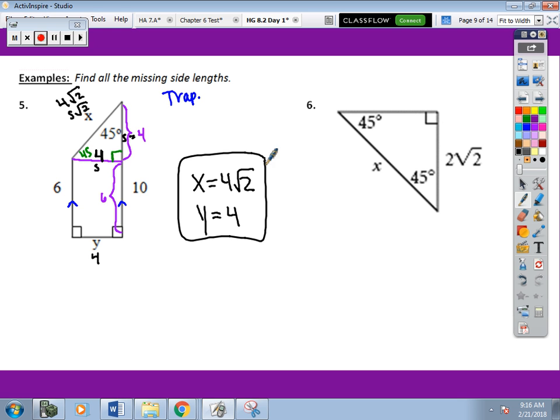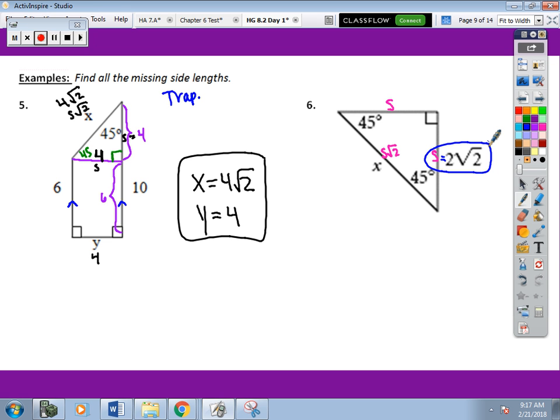All right, now number 6 is the same type of problem. The only thing that makes it harder is the square root on the side. So we have a 45, 45, 90, so we'd have our s, s, s root 2. Make sure the s root 2 goes on the hypotenuse, the longest side. So they do tell us what s is. So that's easy.